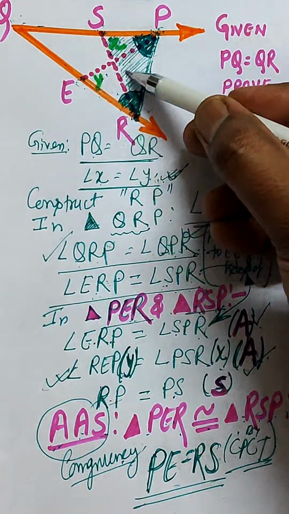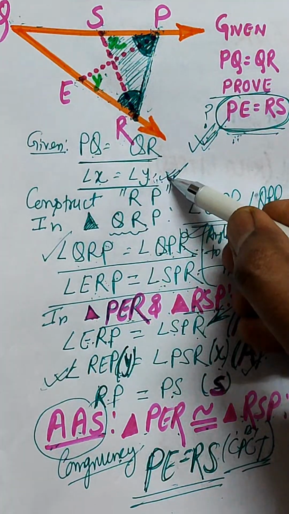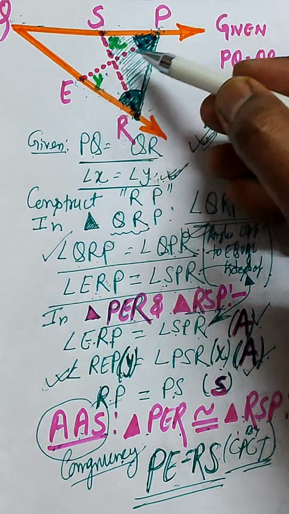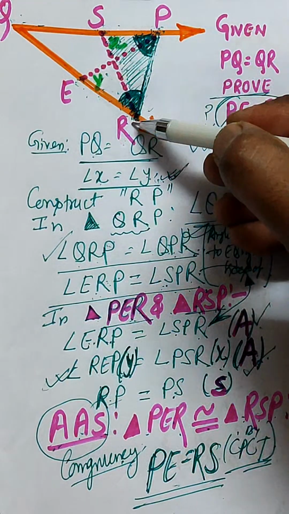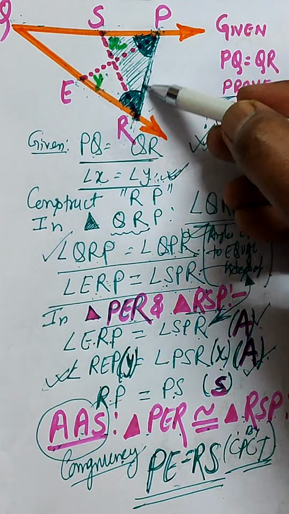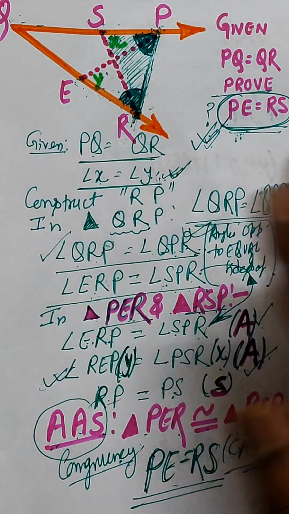So for the two triangles, one of the angles is already given as equal, another angle we have proved because angles opposite to the equal sides of a triangle are equal, and the third side is already equal, that is PR, because that is the common side in both the triangles. In which both the triangles?